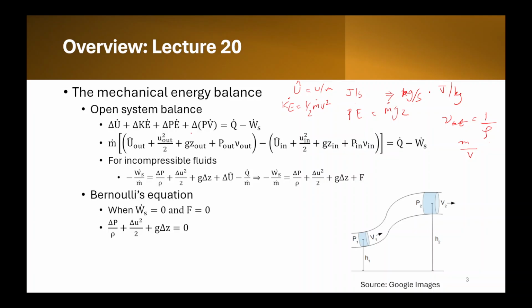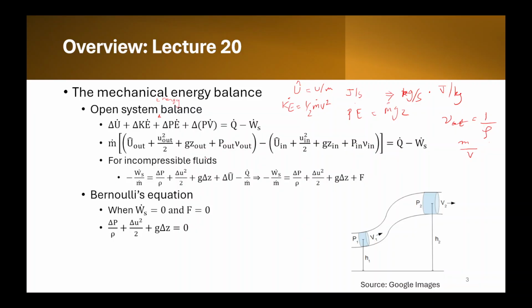You can write this as Q dot minus the shaft work; you don't have to take out m dot there as common. So this is the expanded version of the open system energy balance.